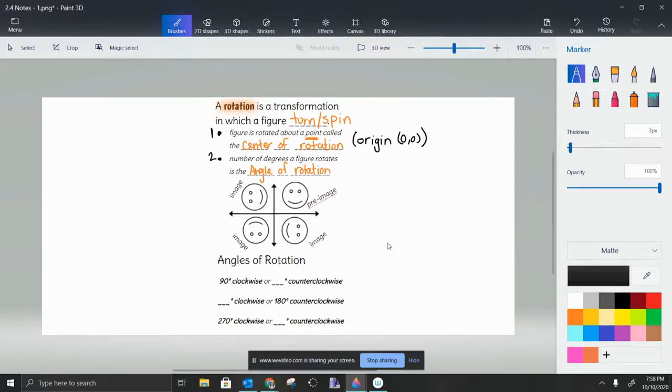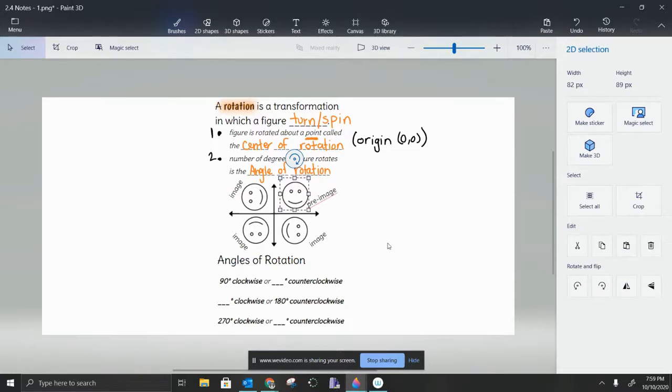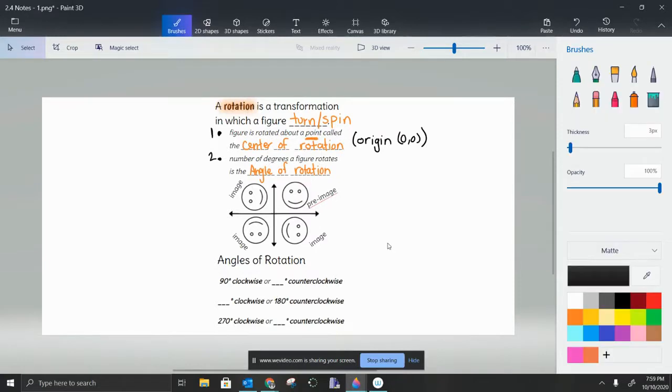But if you think about it, and actually I'll just show you real quick, if we were to take this smiley face right here and rotate it, notice that they're measuring how far we spin it in degrees. All right. And so they're measuring a rotation. This program measures a rotation in degrees. That's an angle of rotation, or how far we spin something.